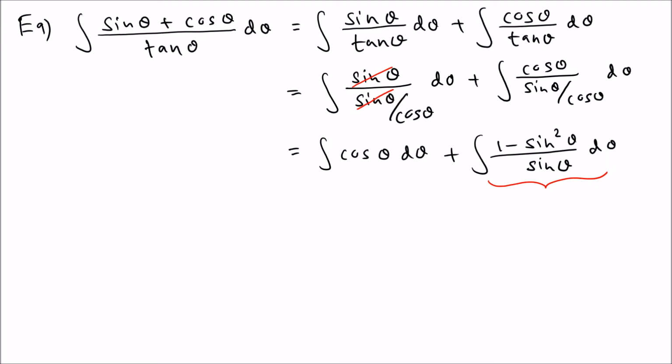The first one is the cosine, so that is simply sine theta, and the plus, this one we did before. According to that problem, this is simply cosecant theta minus cotangent theta, and then plus cosine theta plus c.